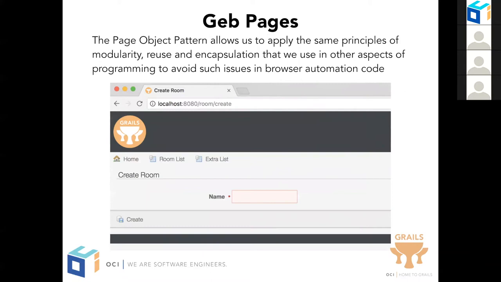So let's go back to Geb pages. As I said, Geb pages are mostly about making the test maintainable and readable by applying the principles of modularity, reuse, and encapsulation to the document object model. Pages come with a DSL, which allows you to define page content elements.